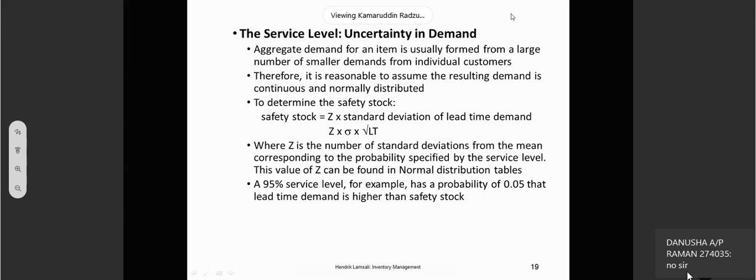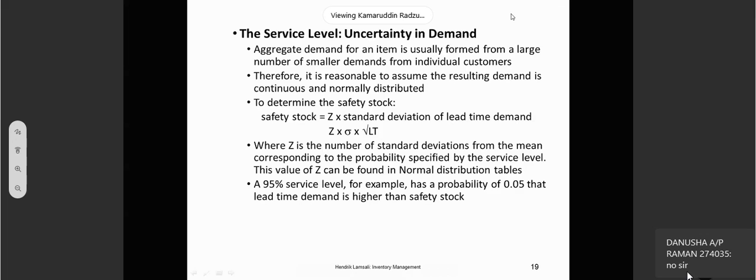So we can refer to the Z value here at the normal distribution table. So, for example, the service level of 95%, we will assume that the probability of 0.05 during the lead time the demand during the lead time is higher than the quantity that we have in safety stock.